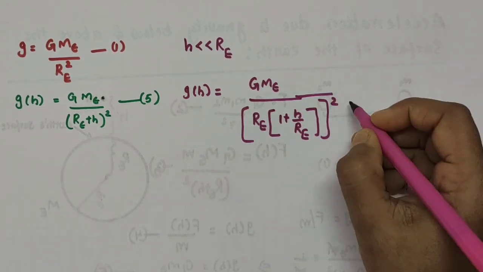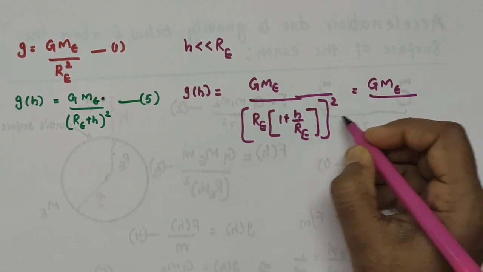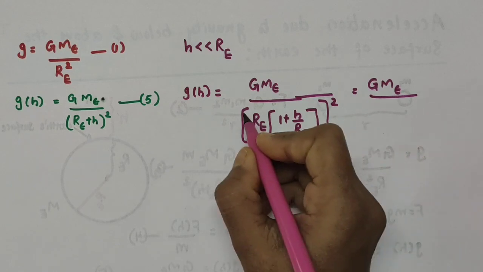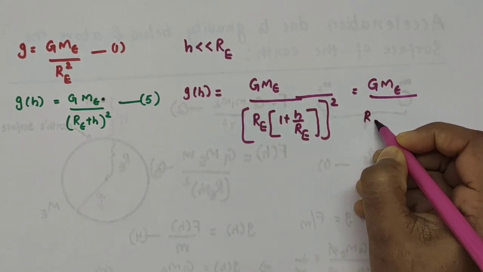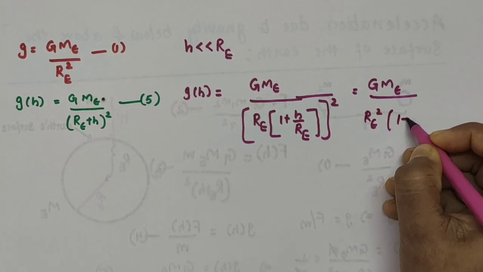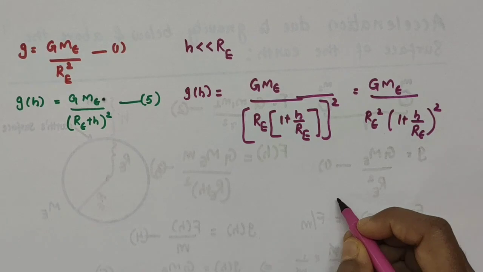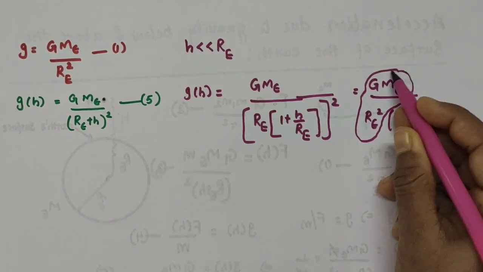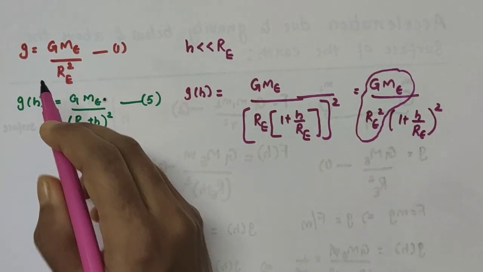Okay, now you see, this can be written as G Me divided by Re into (1 plus h by Re) the whole square, which means Re square into (1 plus h by Re) the whole square. What is this G Me by Re square? That is the acceleration due to gravity on the surface of the earth, small letter g.